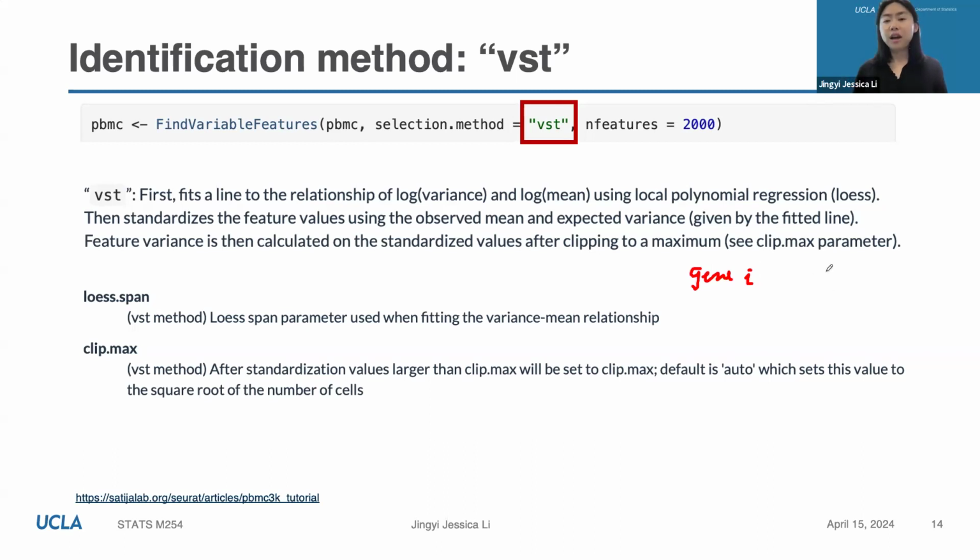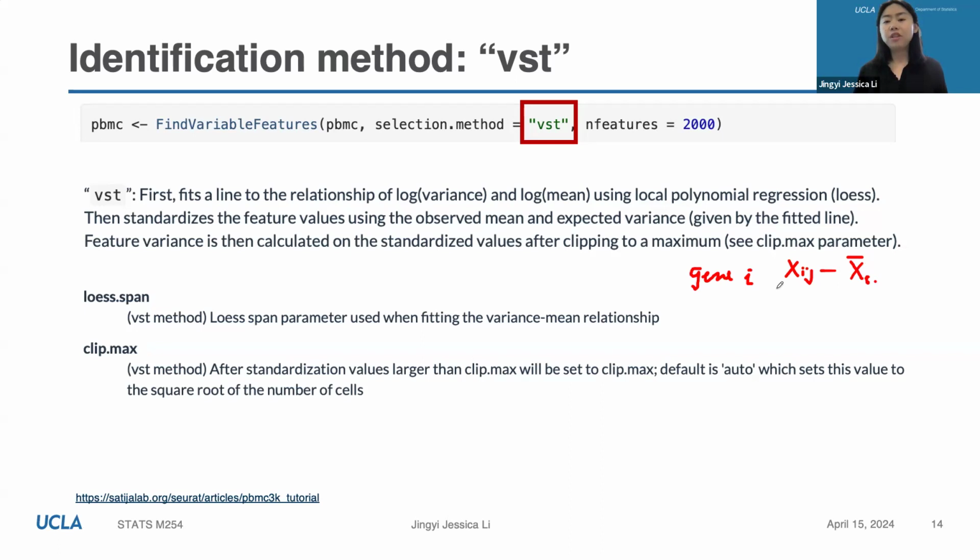So for each gene i, suppose you have the count X_ij of gene i in cell j. Then when you do the standardization, you use the observed mean, which is the gene's average across all the cells. I will call that X_i dot bar, the average of gene i.